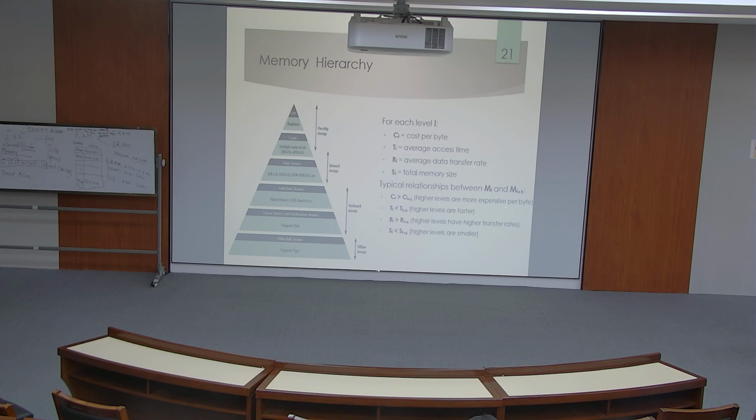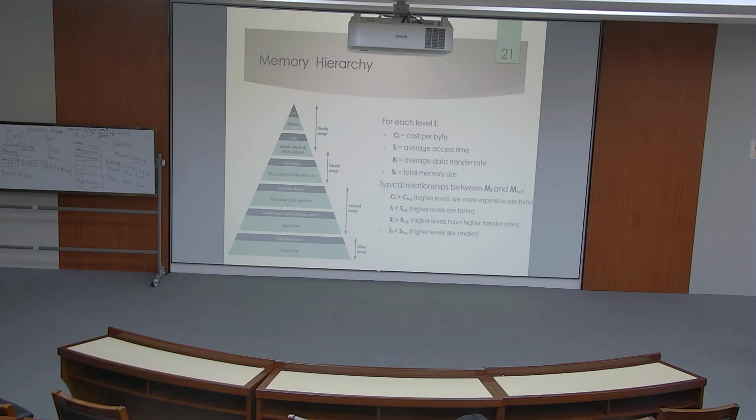The register memory is more expensive than the cache memory. The cache memory is at level i, and the main memory is at level i+1. That means the cache memory is more expensive than the main memory.